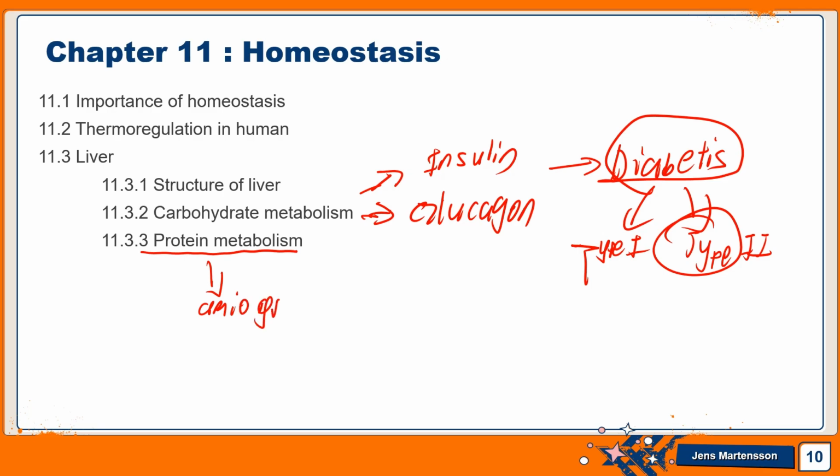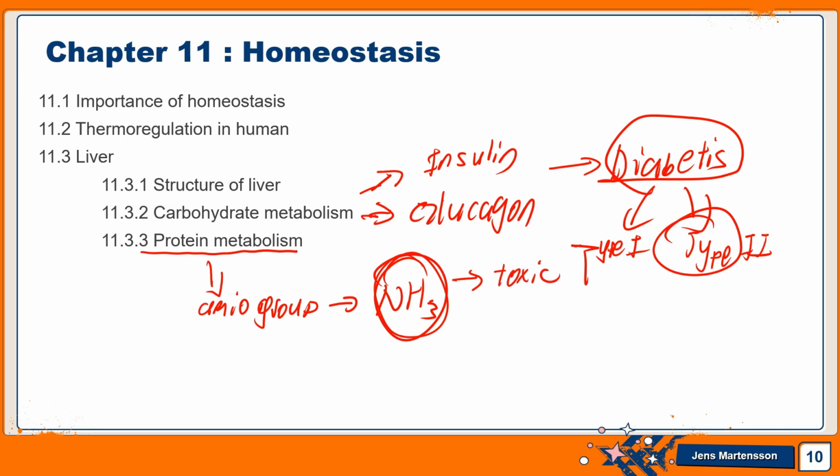The amino group, when separated, we call ammonia. We can form ammonia. Ammonia is toxic to humans. We cannot keep this compound in our body because it is very toxic to us.